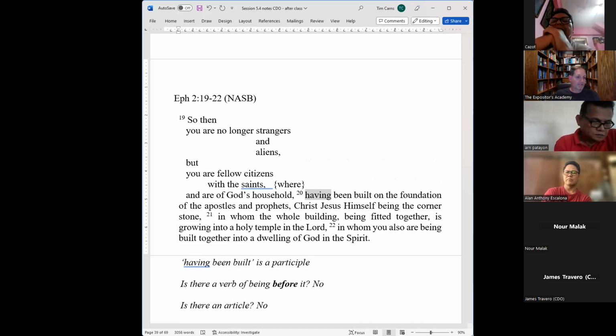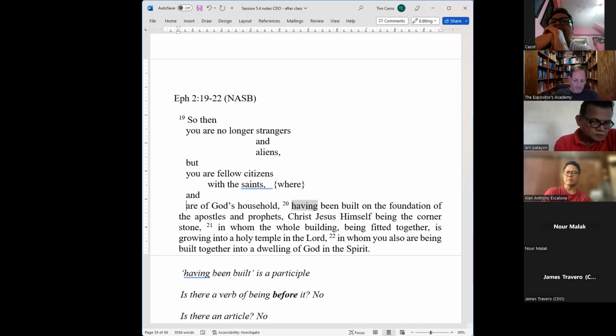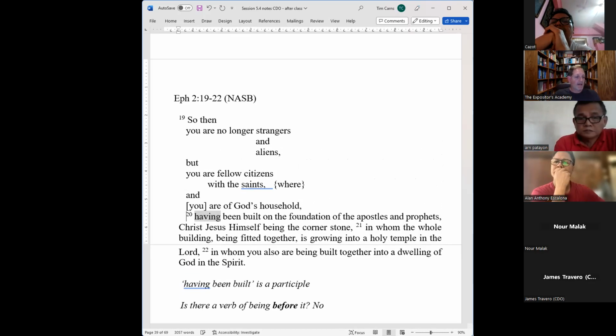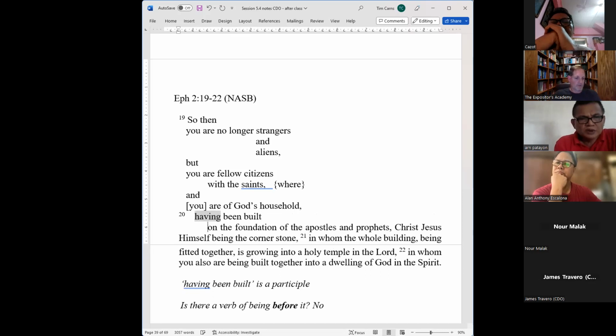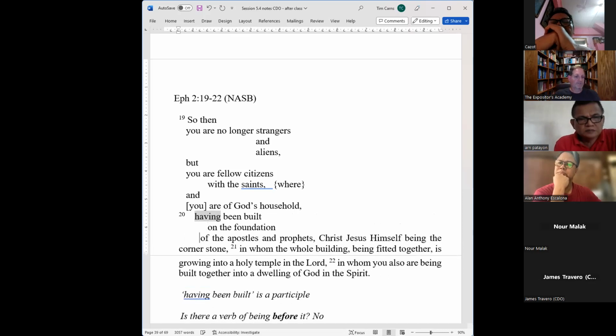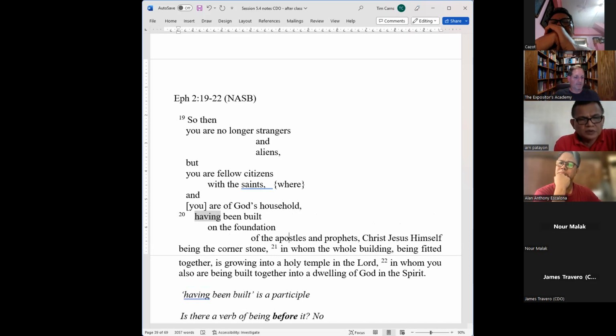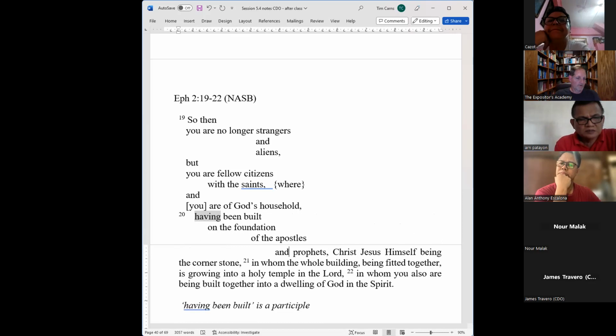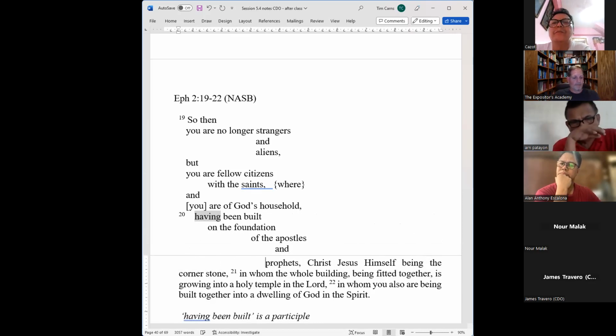So it's you are fellow citizens with the saints and, same subject, you are of God's household. I would say it goes under you. You having been built on the foundation, which foundation, of the apostles and prophets. Okay.